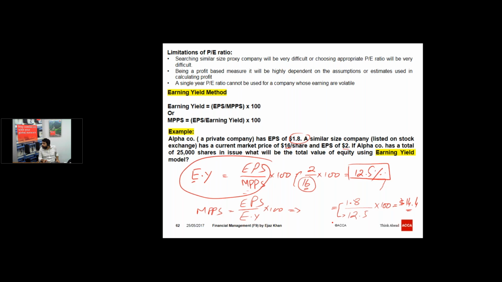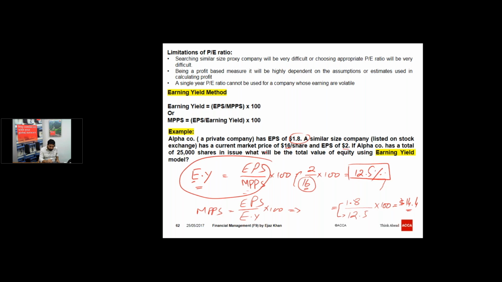Why did you take different EPS in MPPS? Well, first we calculated the earning yield of the proxy company, which is not given in the question. In the previous example, the PE ratio was given, so we did not need to calculate it. But in this question, we haven't been given the earning yield percentage, so we had to calculate the earning yield first.